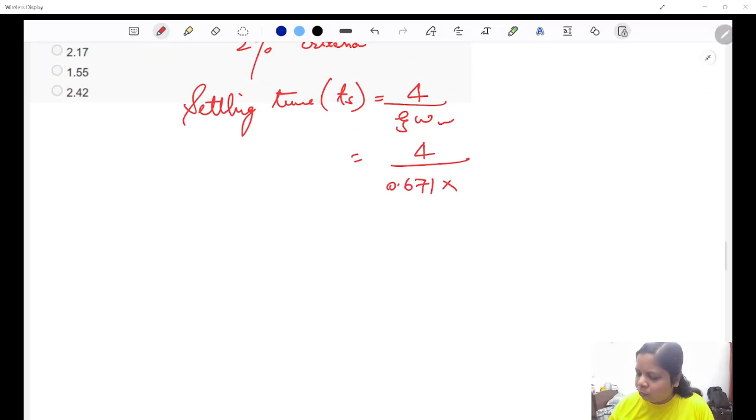0.671. And what is the value of omega n? Root 20, which is 4.47. 4.47 was the value of omega n. Okay. What is the answer that you guys are getting?